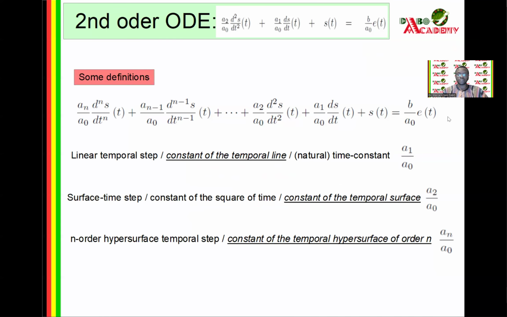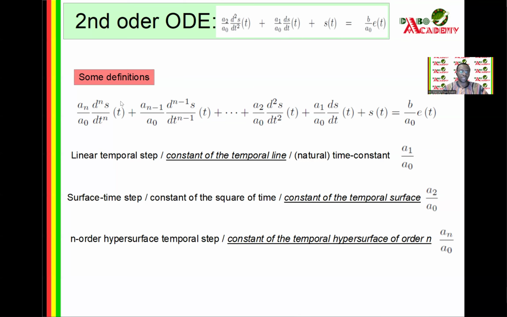If we consider a dynamical system of second order, you have it written like this, okay, as I talked about this during the previous videos, where you have B over A0, this value is again static gain. This value A1 over A0, we will see how we call it. This is A2 over A0. So now, this is only for second order systems.